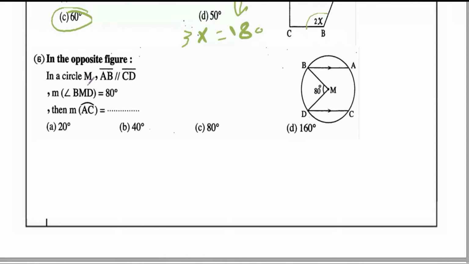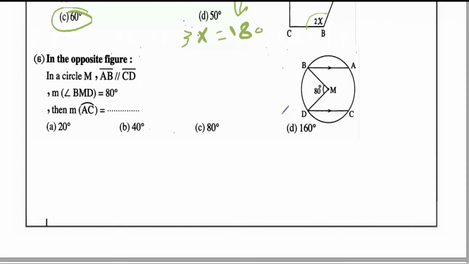The last one in the choose. Look at this figure. In the circle M, you have the chord AB parallel to the chord DC, and the measure of the central angle BMD equals 80 degrees. Then the measure of the arc AC equals what?